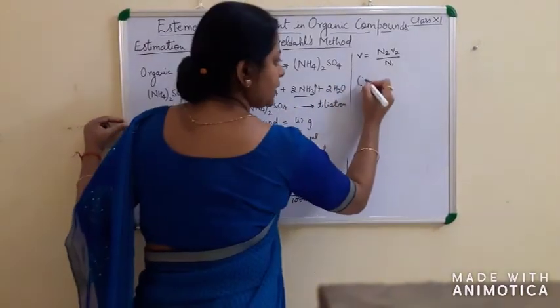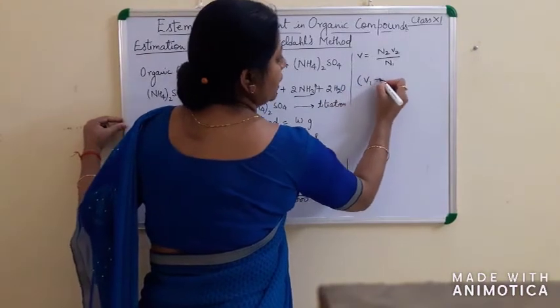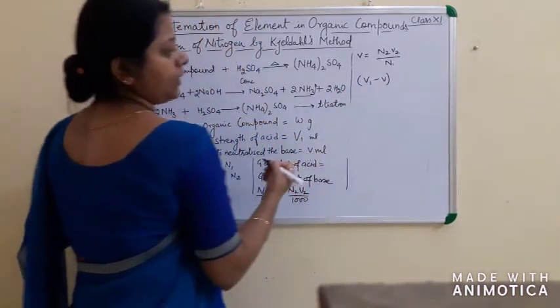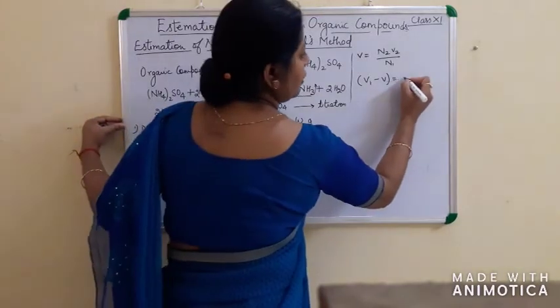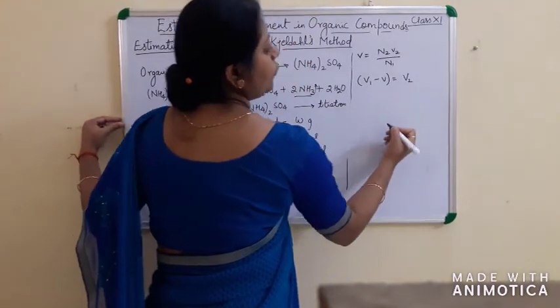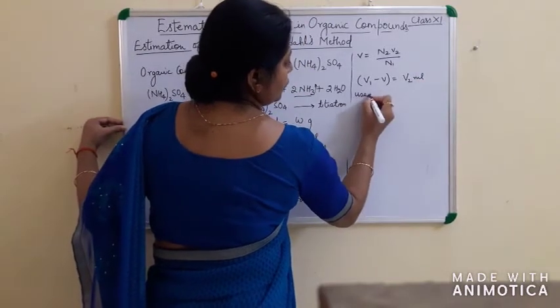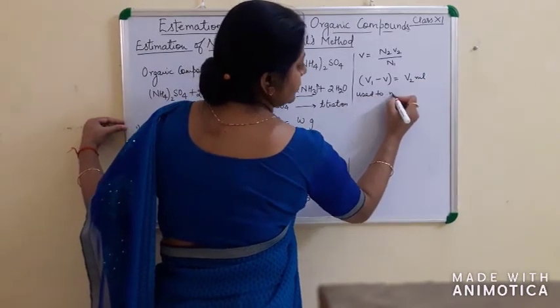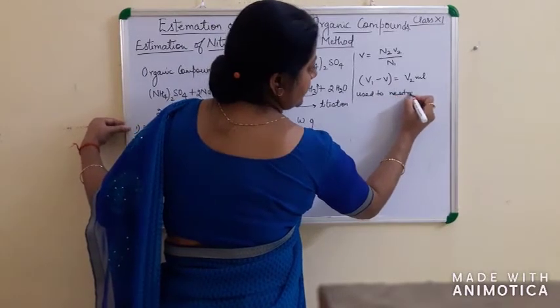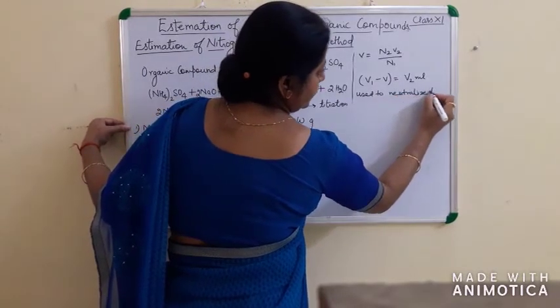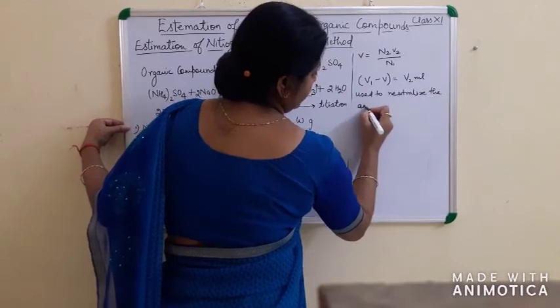If we subtract this volume from the initial volume of the acid, we get the volume V2 which is used to neutralize the ammonia.